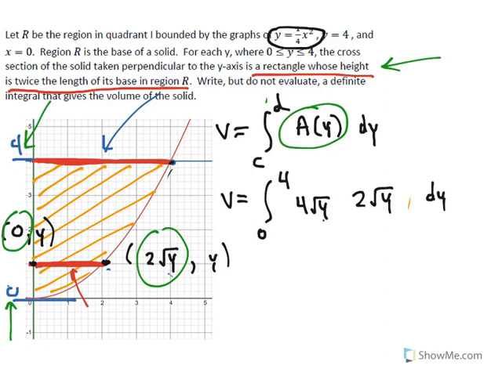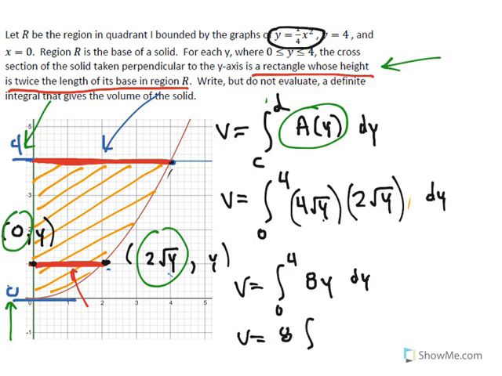And how do you find the area of a rectangle? Well, you multiply length times width, or in this case, base times height. So when you simplify, this is what you get. Volume is equal to the definite integral from 0 to 4. 4 times 2 is 8. And then you have square root of y times square root of y, which is y. And you can factor out the constant factor of 8 if you'd like.